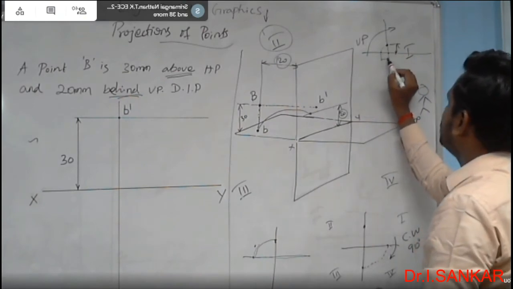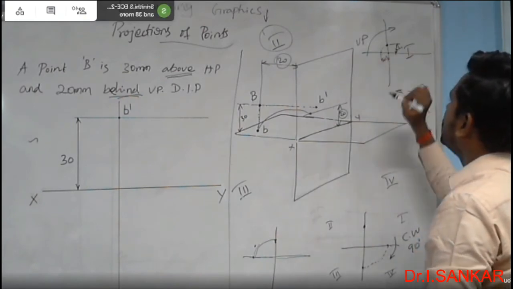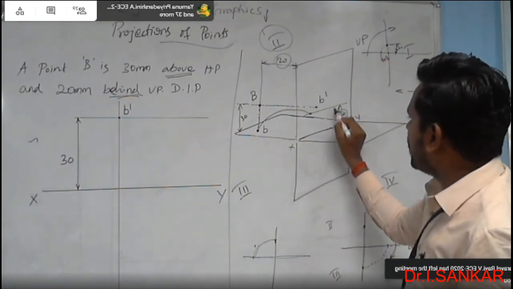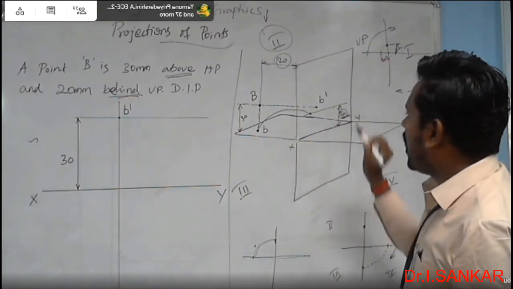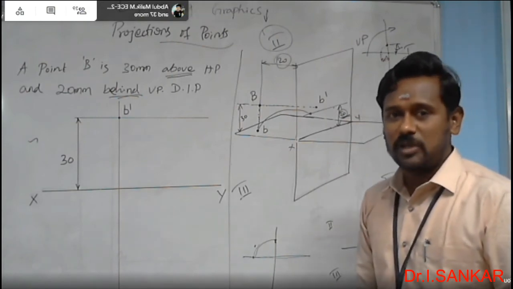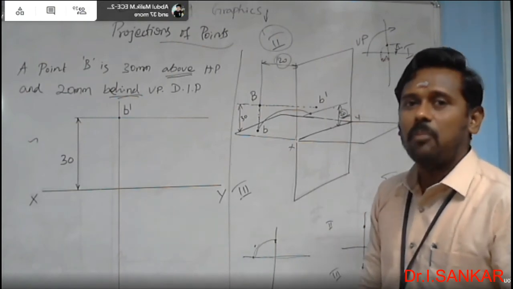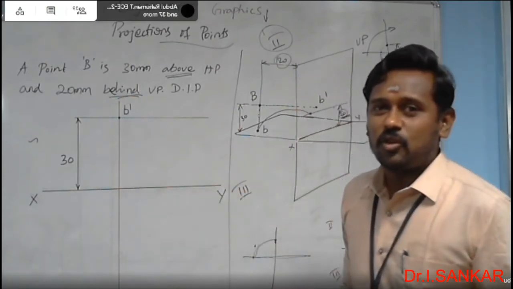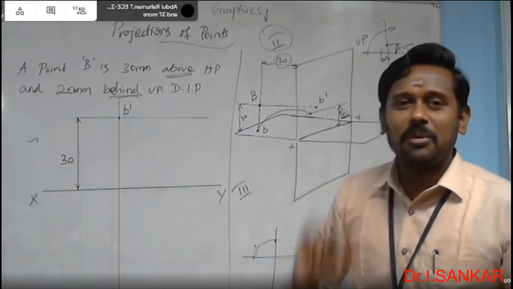So the distance of the point with respect to the XY line now is 20 mm, and the location of the point with respect to XY now is above XY. So above XY we need to locate the point at a 20 mm height.